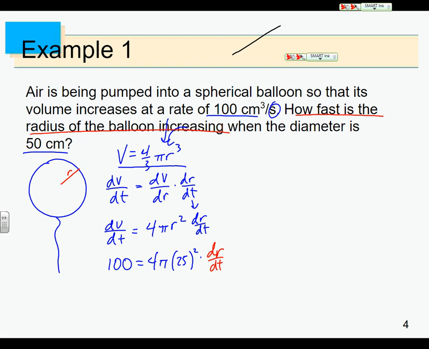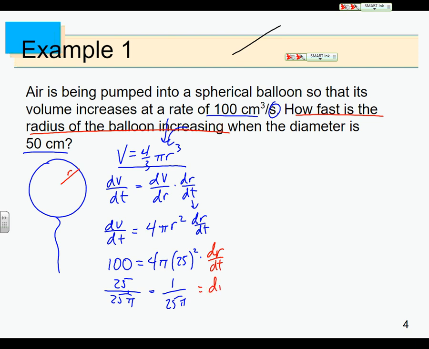If I divide both sides by 4, it gives me 25 over, and then divide both sides by 25 squared pi. The 25's cancel. I'm left with 1 over 25 pi for an exact answer.